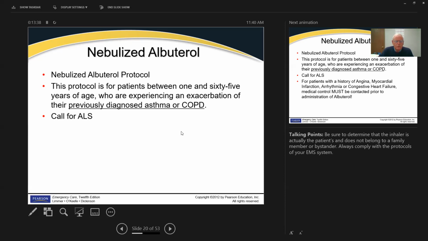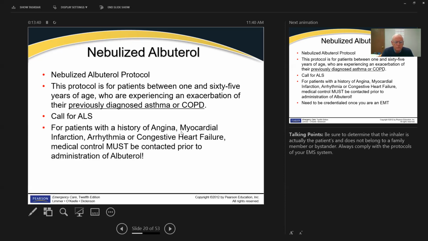If you have a patient with a history of heart problems, you probably need to contact medical control and see if it's okay to give it, because albuterol, being a bronchodilator, is going to increase heart rate. And if that patient's at risk for cardiac issues, we may not want to be doing that. On the other hand, we may, depending on how severe their difficulty breathing is.